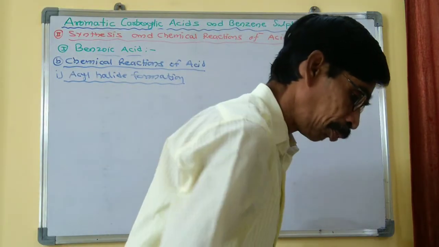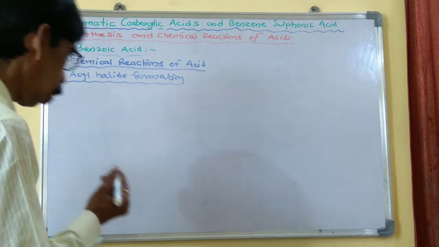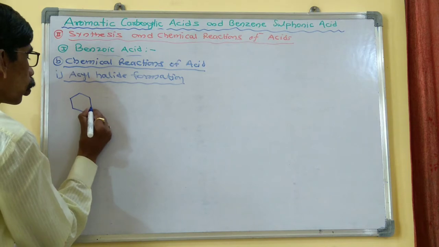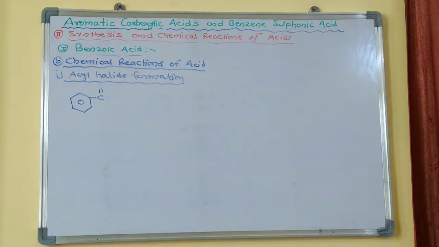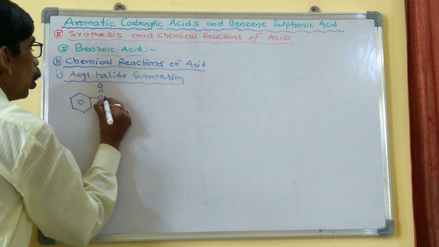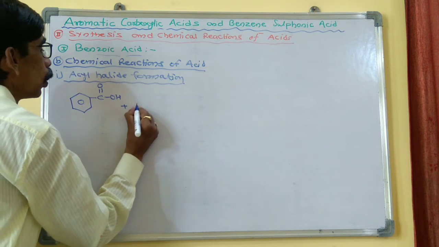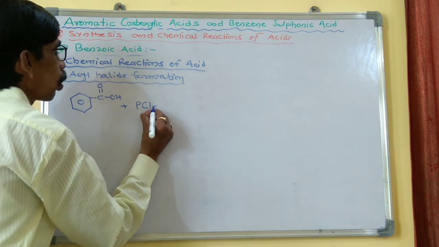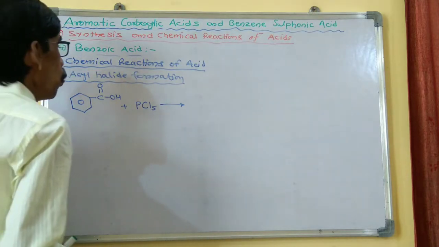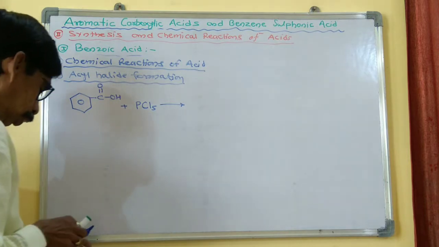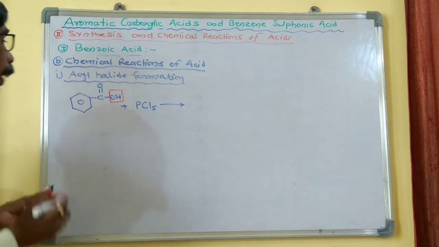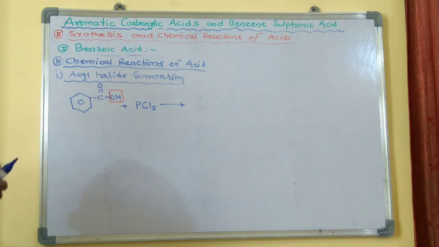Now when this benzoic acid reacts with phosphorus pentachloride, it gives benzoyl chloride. Now this OH group is removed by Cl. Only this OH group is removed by Cl.